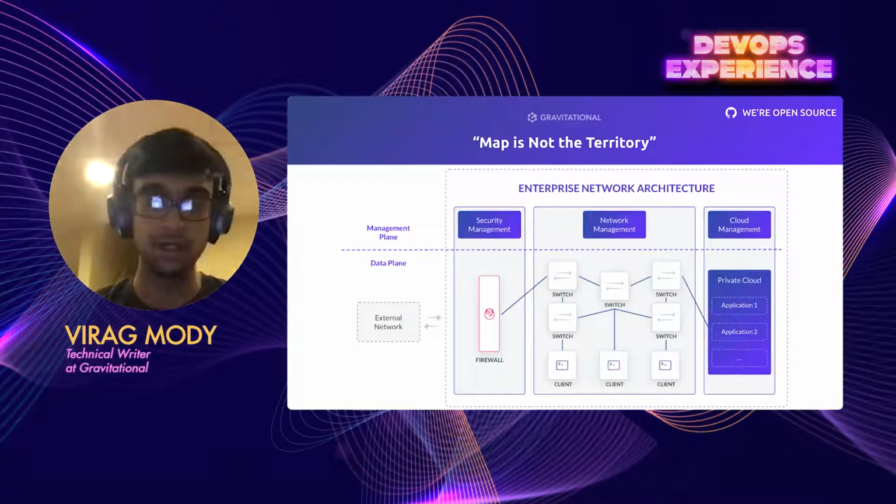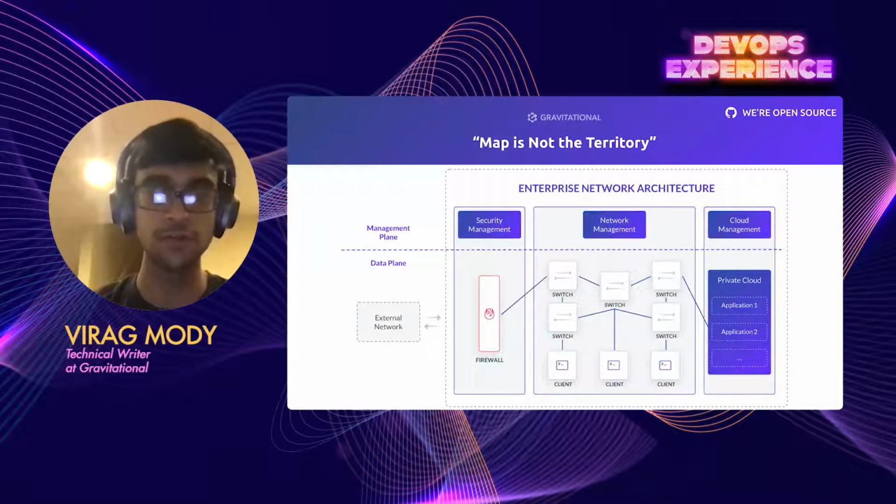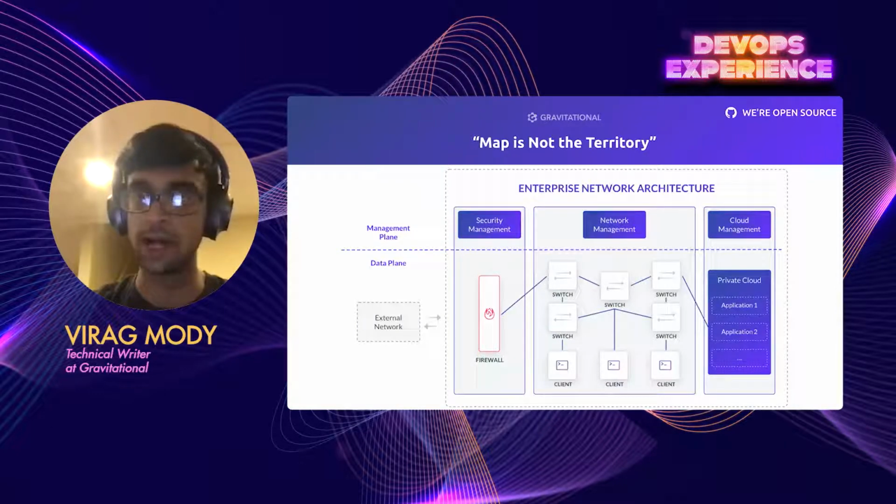And so when we take a look at what we're asking the network to do, what information we're asking it to provide us, and what it's actually capable of doing, you start to see some incongruencies. So for example, infrastructure was much more static in the past. I think that's something that all of us can agree on.